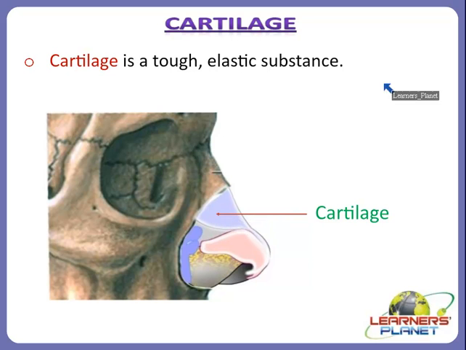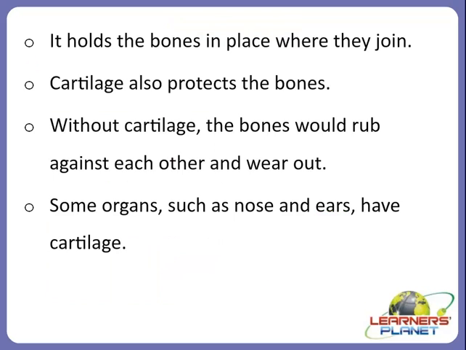So what is actually cartilage? It is a tough, elastic substance. And what is the function of this cartilage? Yes, it holds the bones in the place where they join. Cartilage also protects the bones. They are not considered bones, but they protect our bones.